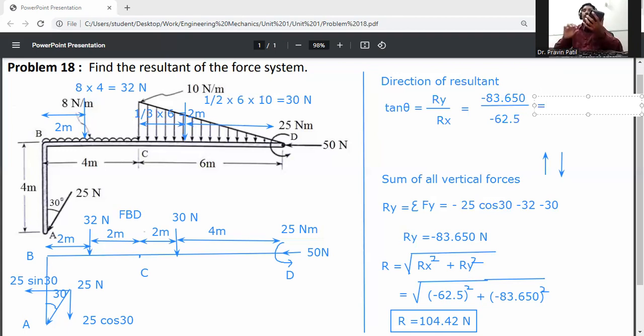The minus signs will cancel. So 83.650 divided by 62.5 will be 1.338. Okay.